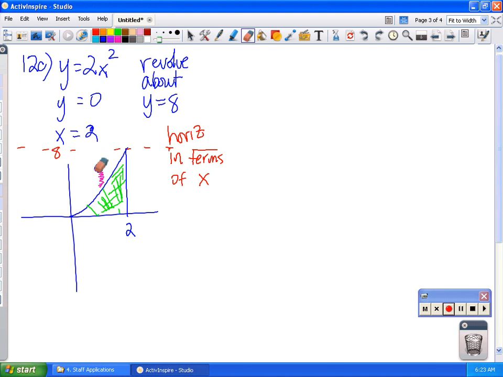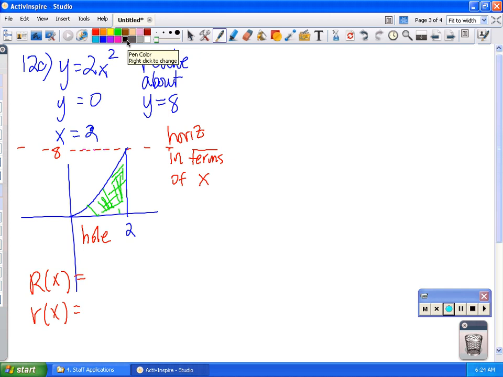So let me get rid of that. All right, so there's my axis of revolution. We said there's going to be a hole in this. So since there's going to be a hole, there's going to be a big R of x. Remember, we're in terms of x, and a little r of x.